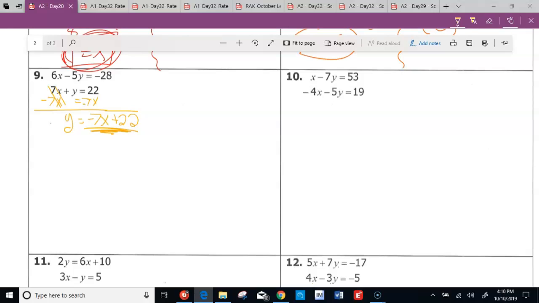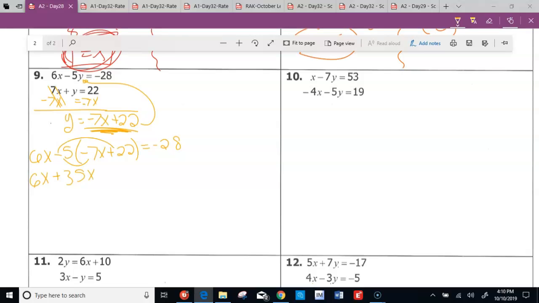I will then substitute this equation right here for y into the first equation. So when I do that, I get 6x minus 5 times negative 7x plus 22 equals negative 28. With some distributive property, negative 5 times negative 7x is a positive 35x.